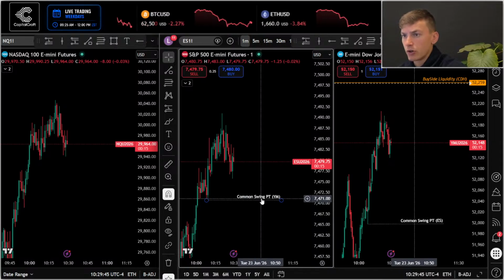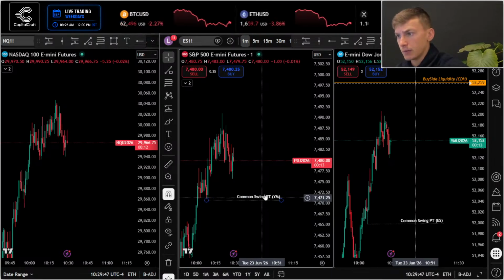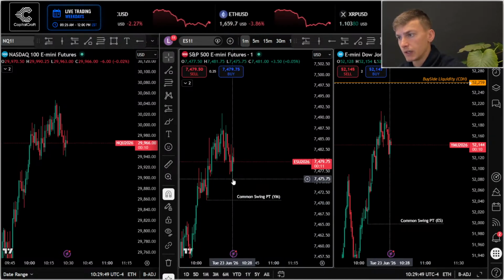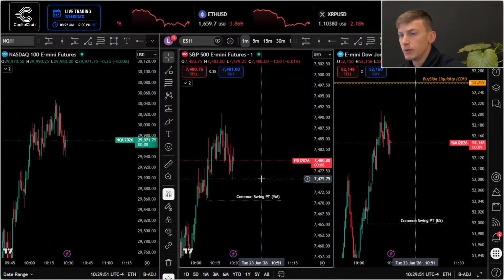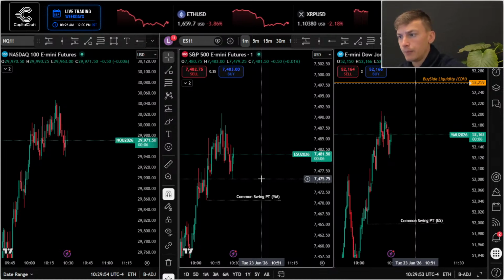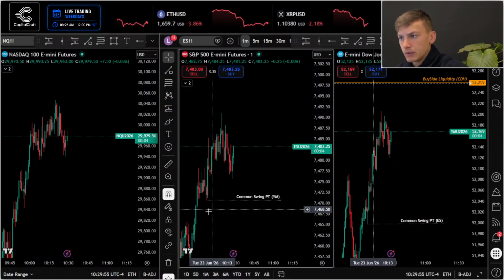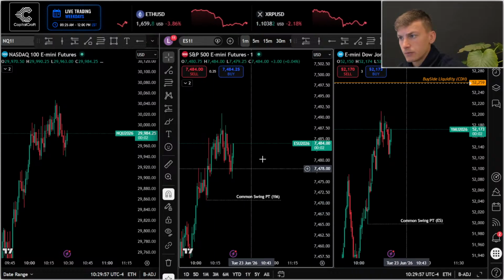This is pretty much the only common swing point I have left that I'll be monitoring, and also depending on what we can get here on this specific low, if we even form a low there. But this is looking pretty good for us.